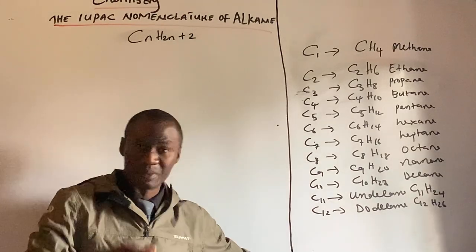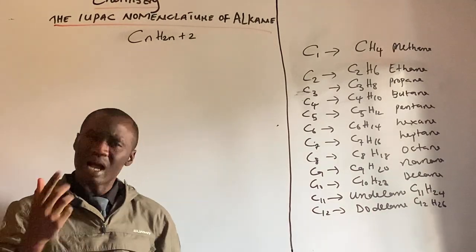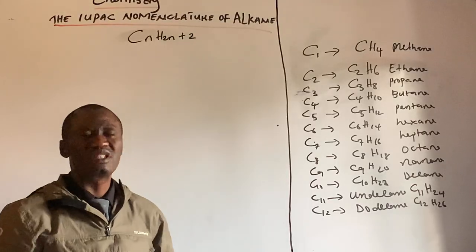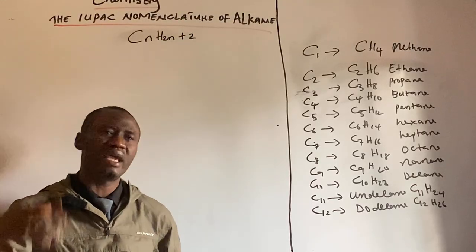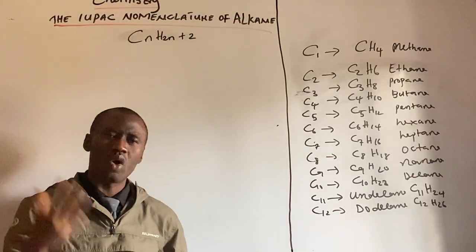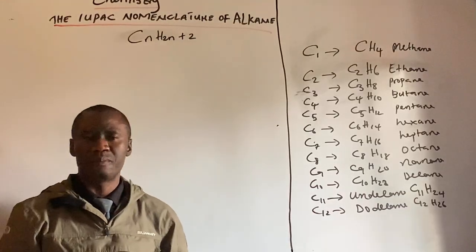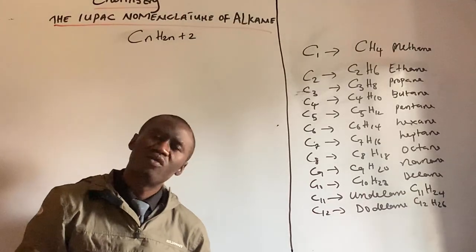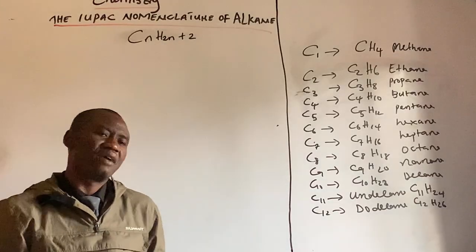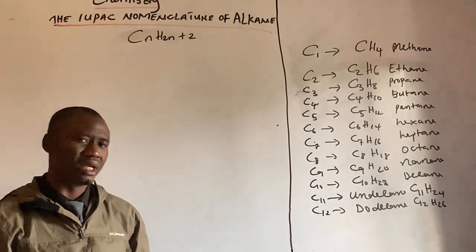You're going to do your math by yourself, just finish it up now. Carbon 14, tetradecane, 15, pentadecane, 16, hexadecane, heptadecane for 17, octadecane for 18, nonadecane for 19, and for 20 we have icosane.